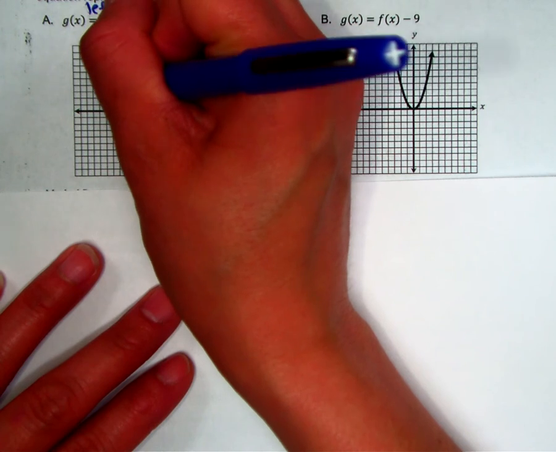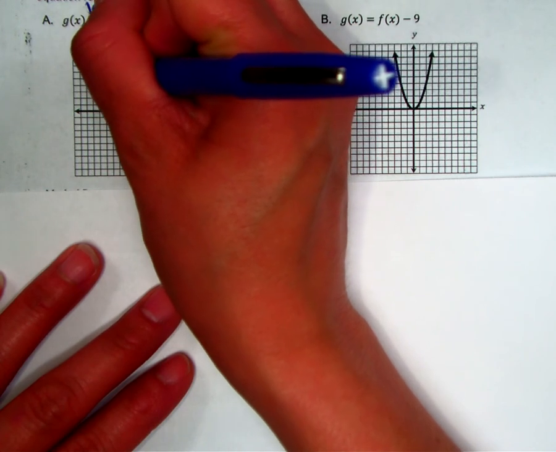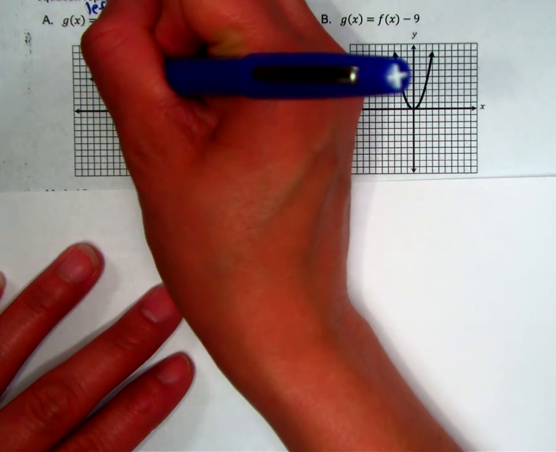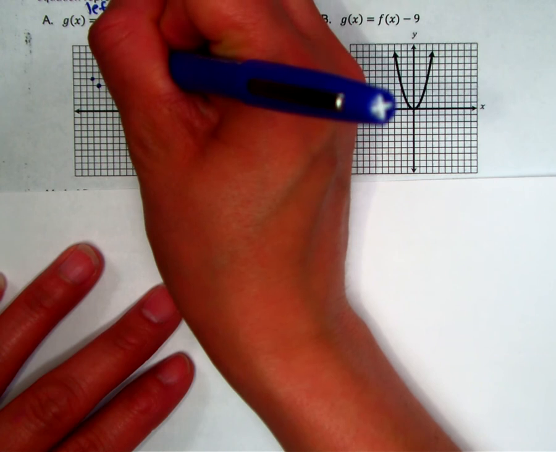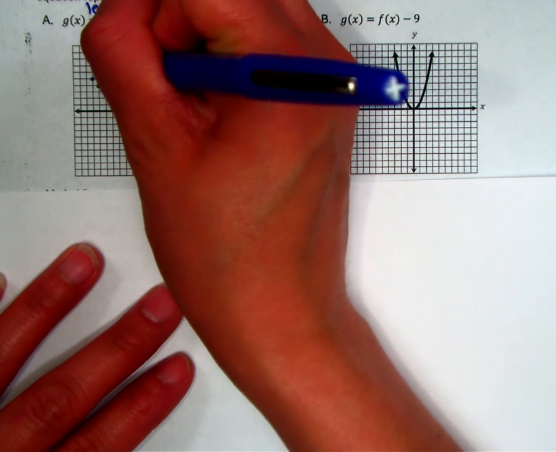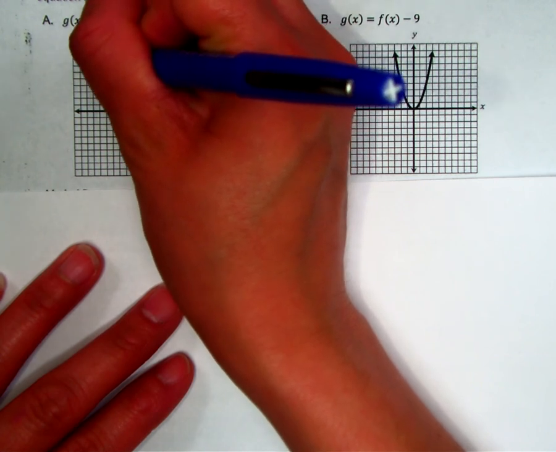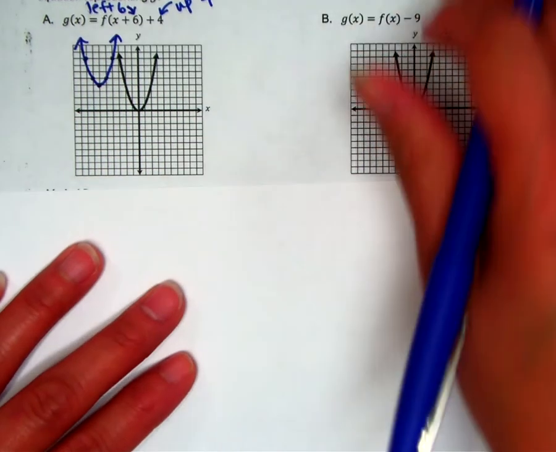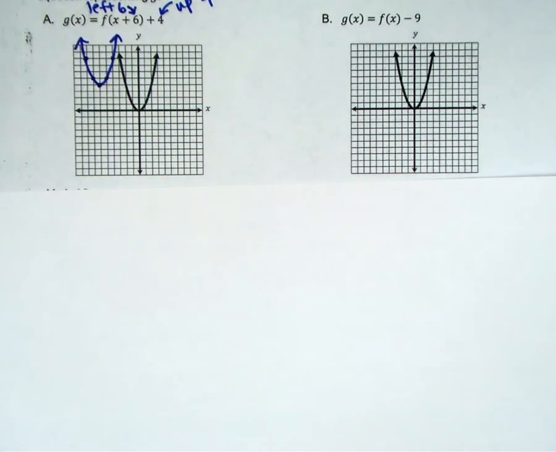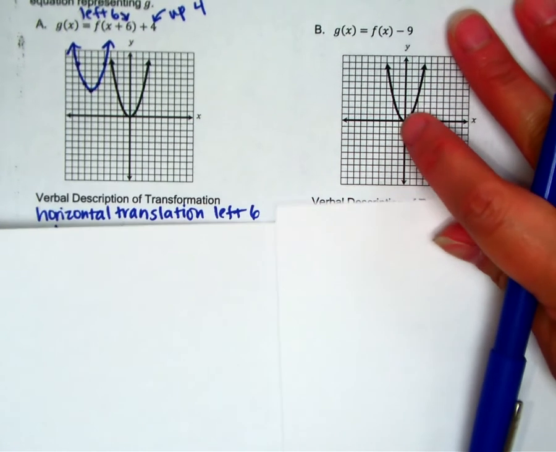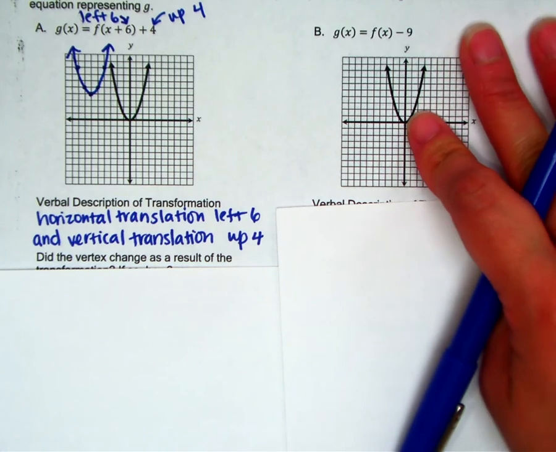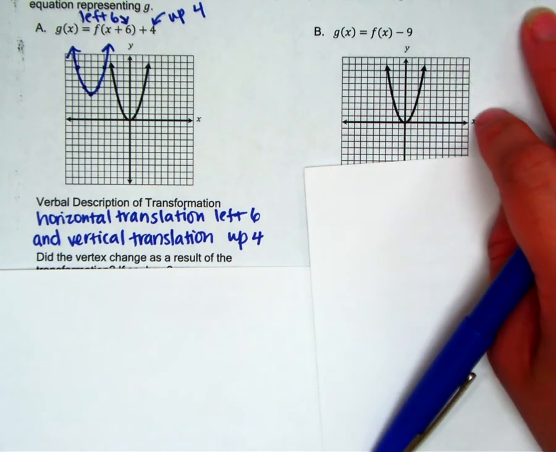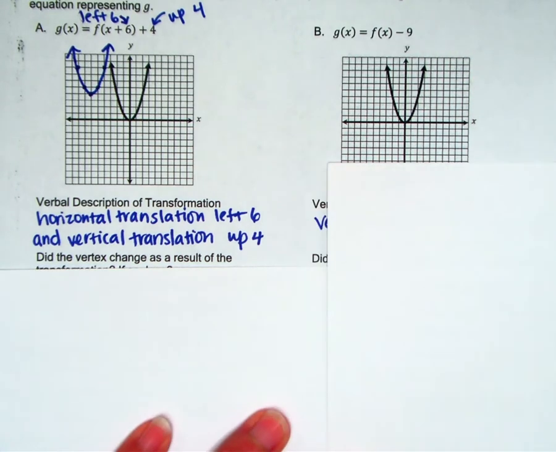From my axis of symmetry, I'm going to go up and over, and this is going to be the transformation. So from here, you can describe the transformation as a horizontal translation left 6 units and a vertical translation up 4 units.